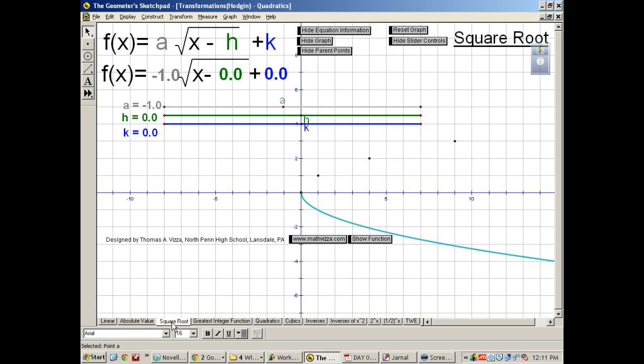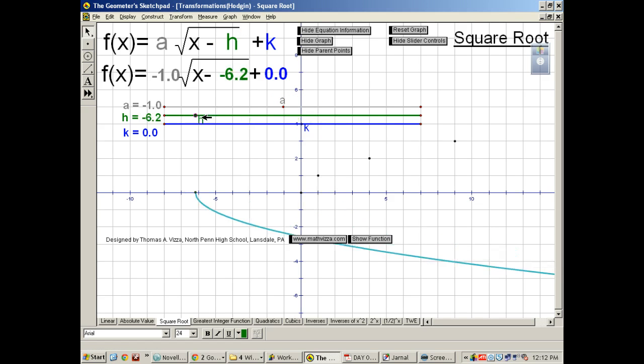That's an important, big goal we want you to understand by the time you finish Algebra 2, is that it doesn't matter what kind of function it is. The numbers do the same thing. So instead of absolute value, step function, parentheses, now it's just a square root. But the numbers will do the same thing. So if we have a number inside of the square root, what will that do to the graph?